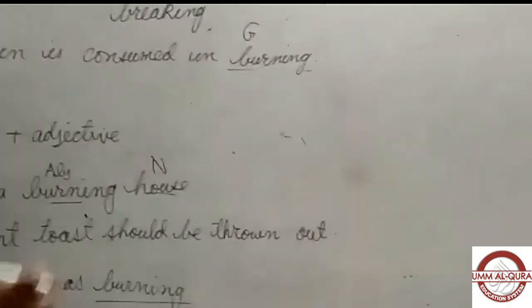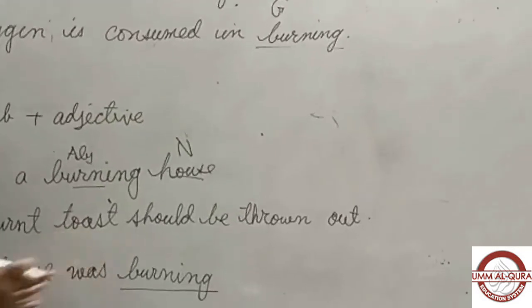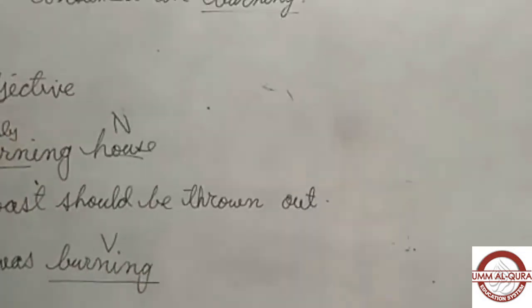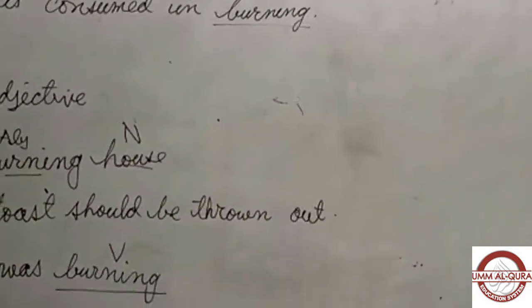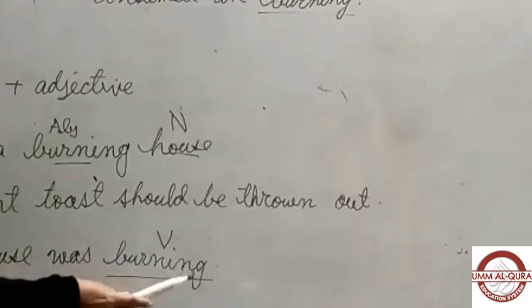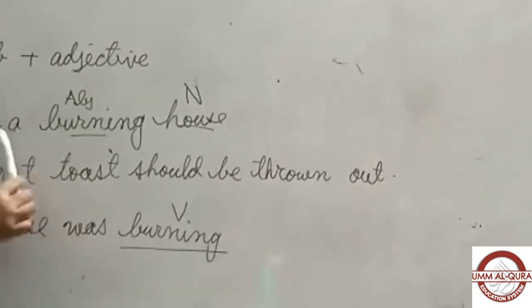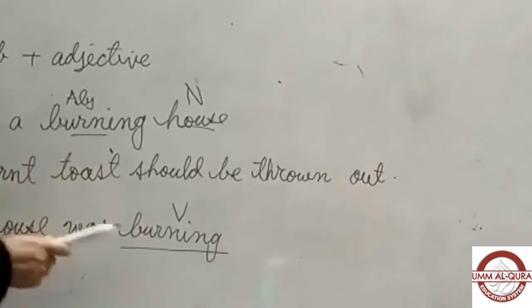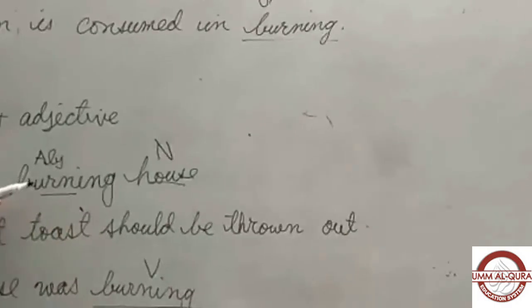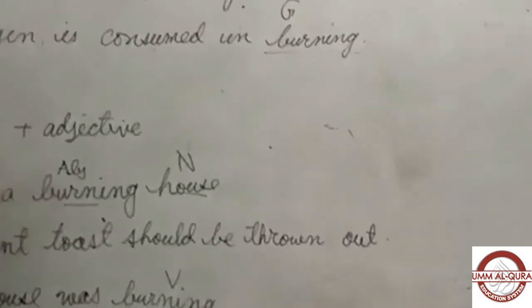Here in this sentence, although the word is the same, it is acting as a verb. In the earlier example, burning is acting as an adjective, and in this one, the house was burning, it is acting as a verb. So when the first form of the verb with -ing acts as a verb or as an adjective, we say it is a participle.